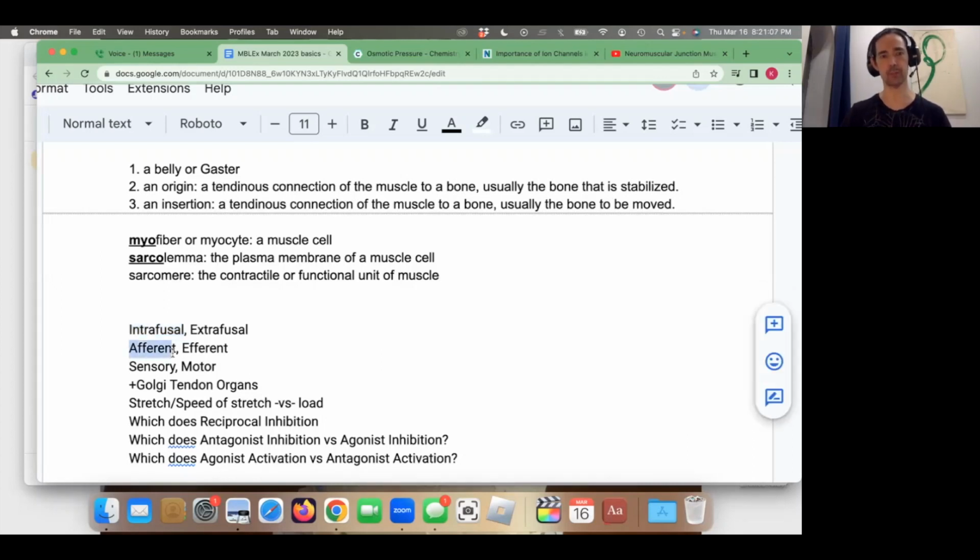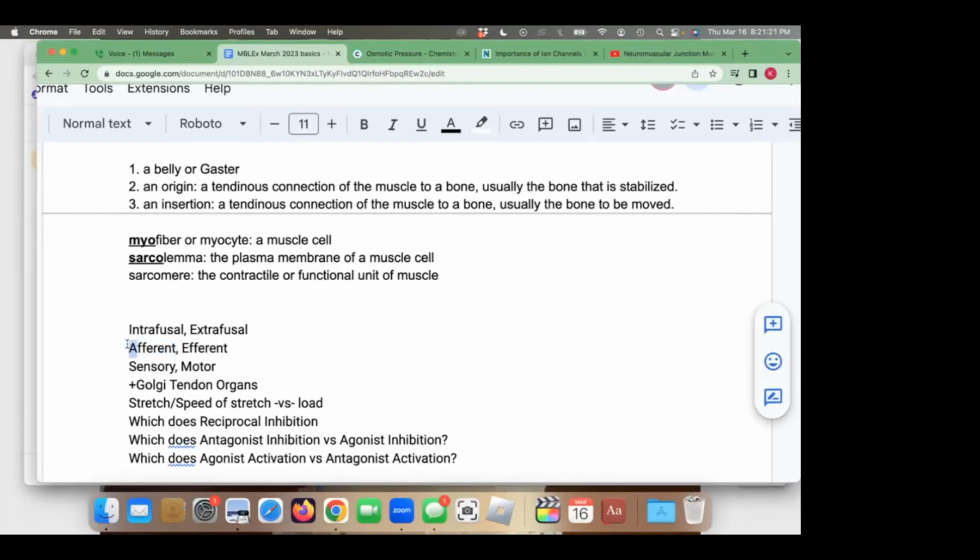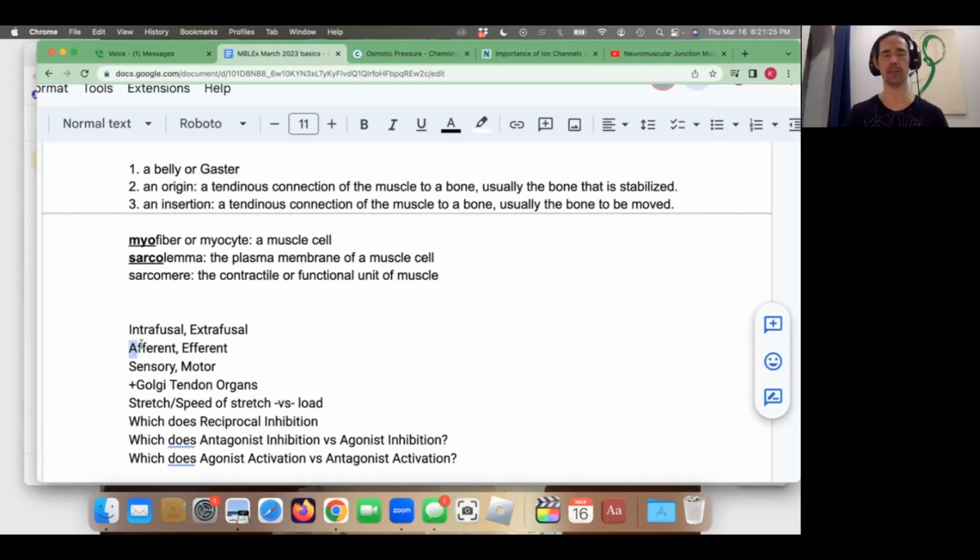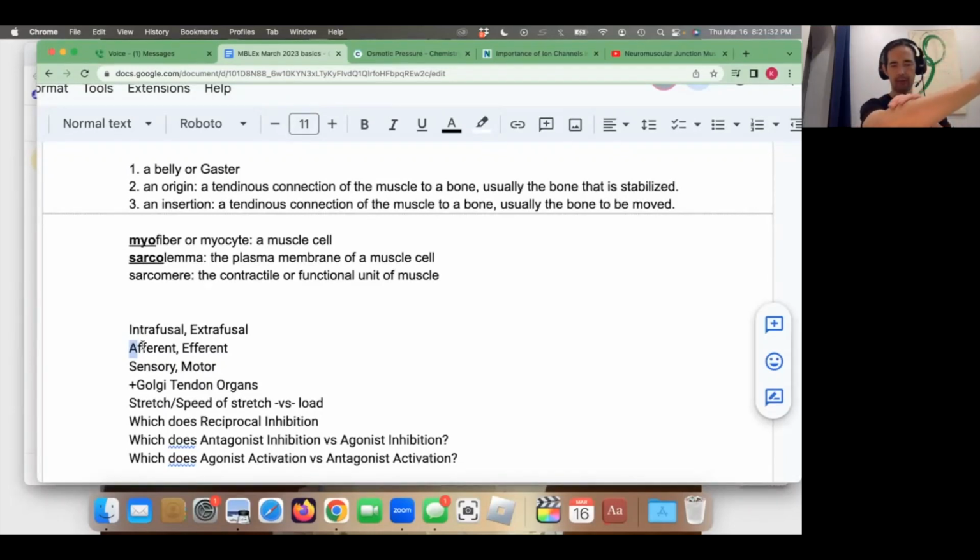Intrafusal muscle fibers are sensory in nature. So they have nerves which have afferent fibers, or neurons which are afferent. Remember, afferent, letter A, arrives in the central nervous system. So the nerve impulses detecting stretch and the rate of stretch go from the muscle through afferent sensory fibers up to the spinal cord or part of the brain.